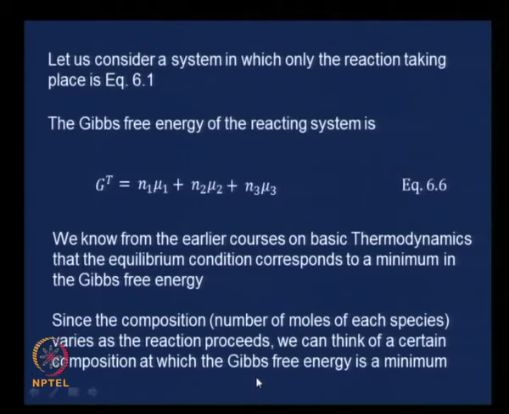When the reaction takes place with time, the number of moles of each species is going to change. In other words, there must be some combination of moles of these species involved in the reaction at which the Gibbs free energy turns out to be a minimum. That is the whole basis of the argument here.